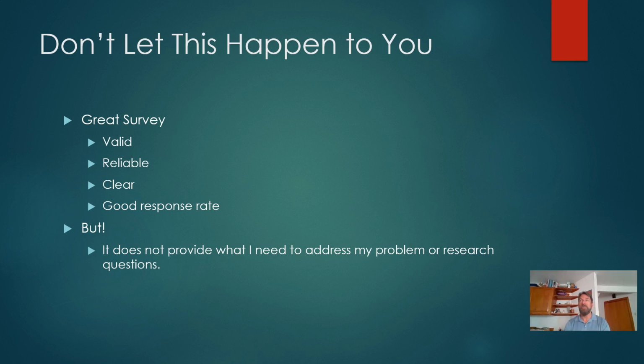The problem is, when the researcher got to the point of evaluating and creating chapters 4 and 5, where they talk about the findings and the meaning of the findings, they came to the realization that the survey, while it was valid, reliable, clear, and had a good response rate, did not provide what the original study was asking for. And then it's too late. Then you have to basically say this is a researcher error, and it becomes a huge issue. So don't let that happen to you.